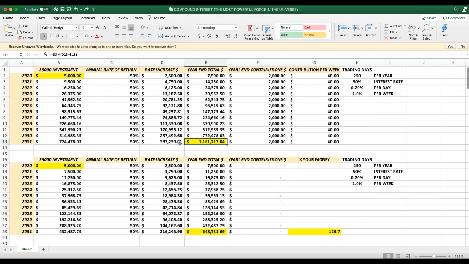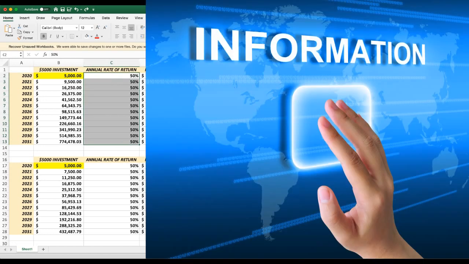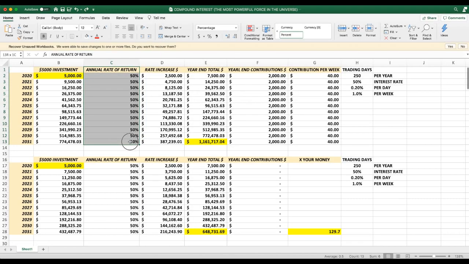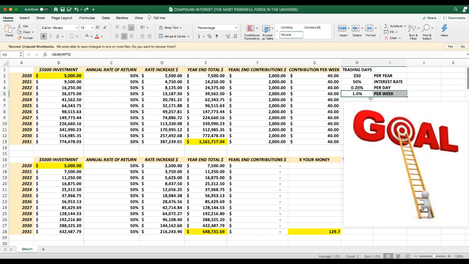These numbers are accurate. You don't need to put 20, 30, or 50,000 into the market to become a millionaire investing. You need to have a constant annual rate of return that's solid. That is the key number. That's the number one thing you should be focused on: the annual rate of return and how to get there.